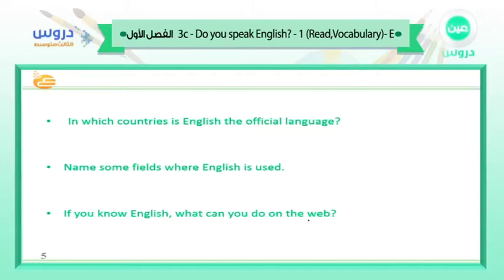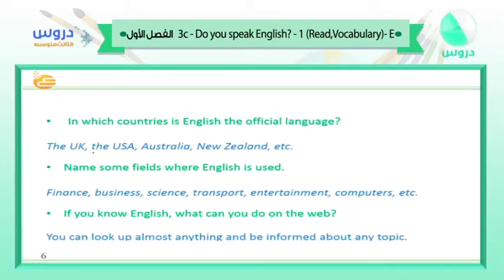And of course, the answer is UK, USA, Australia, New Zealand, etc. And the fields: finance, business, science, transport, entertainment, computers, etc. If you know English, what can you do on the web? You can look up almost anything and be informed about any topic. Okay, got it? That's complete.